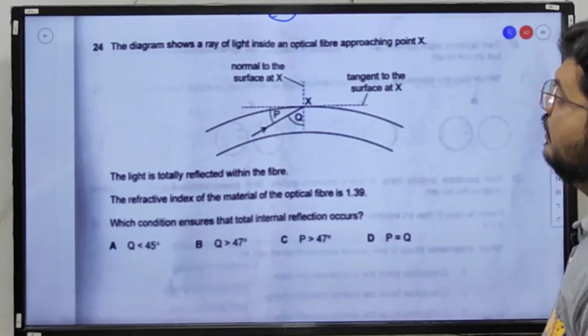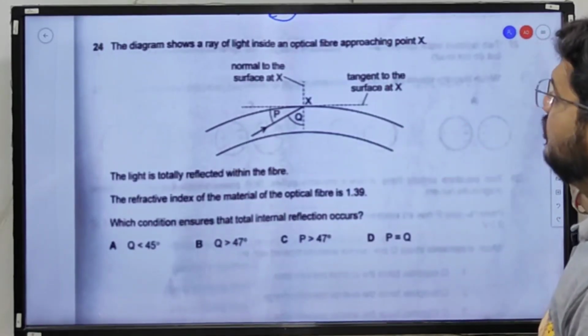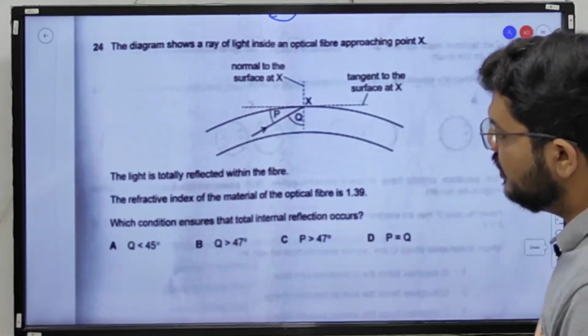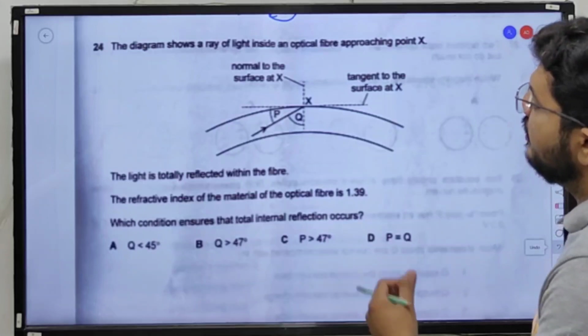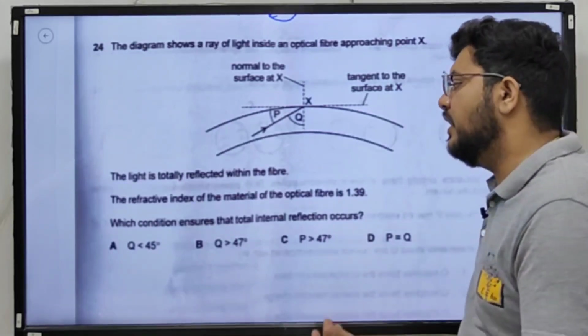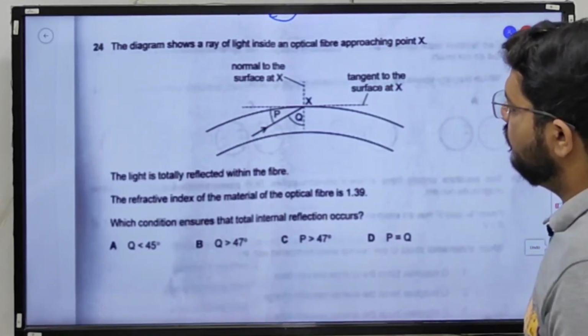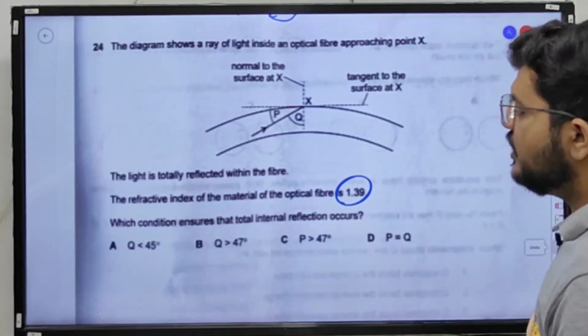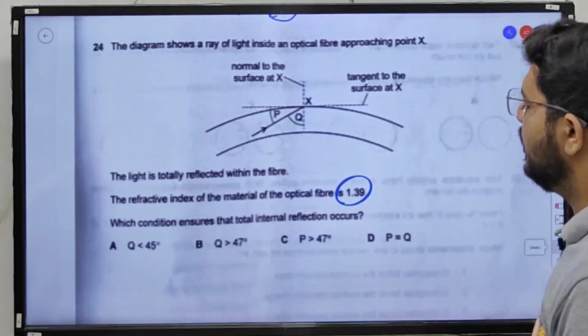The diagram shows a ray of light inside an optical fiber approaching point X. The light is totally reflected within the fiber. The refractive index of the material of the optical fiber is 1.39. Which condition ensures that total internal reflection occurs?